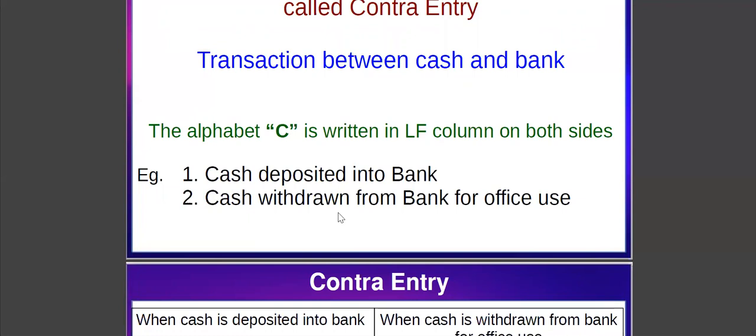Now, cash withdrawn from bank for office use. What's the journal entry? Cash account debit to bank account. Here there is a cash inflow, so the cash account increases and the bank account decreases.